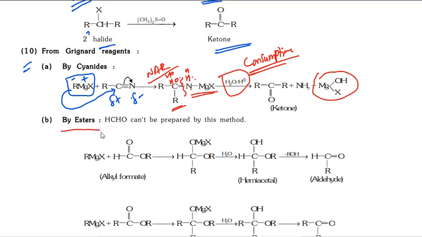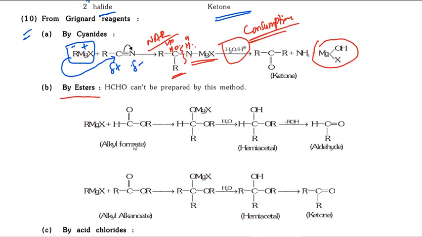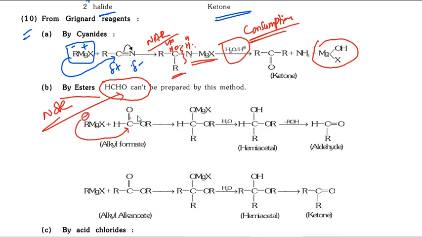Then by esters, formaldehyde cannot be prepared by this method. It is a very important note point. Formaldehyde we cannot prepare, but other than formaldehyde we can prepare aldehydes and ketones. So this RMgX, the same R minus, attacks the carbonyl group, then oxygen becomes minus and goes to OMgX.